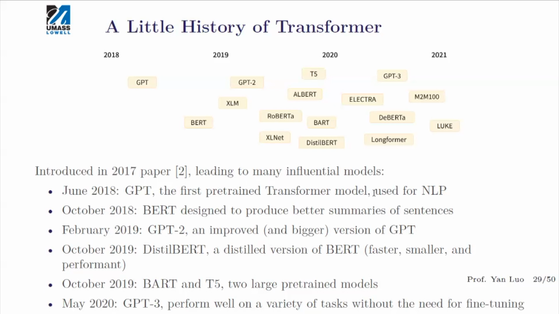was proposed, and it was mainly used for natural language processing. Then in 2018, the BERT model was designed based on the transformer to produce better summaries of sentences. And GPT-2 was released in 2019. And then after that, there was another newer version of the BERT model, and then T5, and then in 2020, GPT-3 was released and was shown to perform very well on a variety of tasks without the need for fine-tuning.